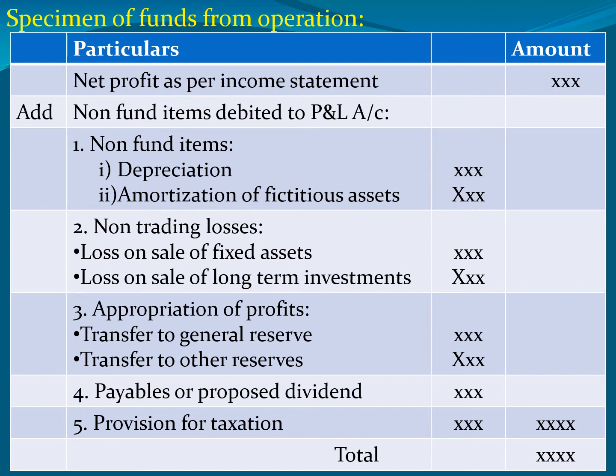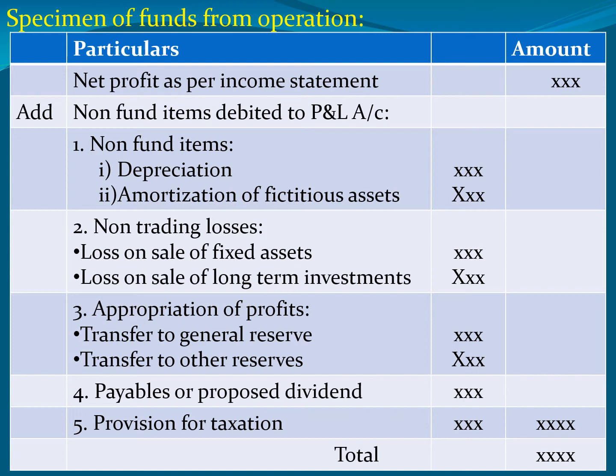Payable or proposed dividend, provision for taxation. These are items debited to the P&L account, now to be added. So we have to find these items from the income statement or from the adjustments, and add them back to the profit.